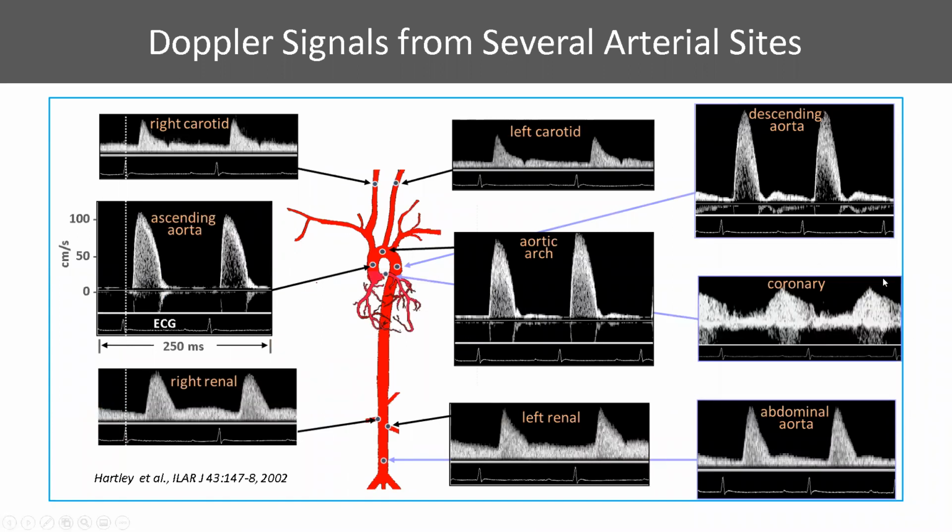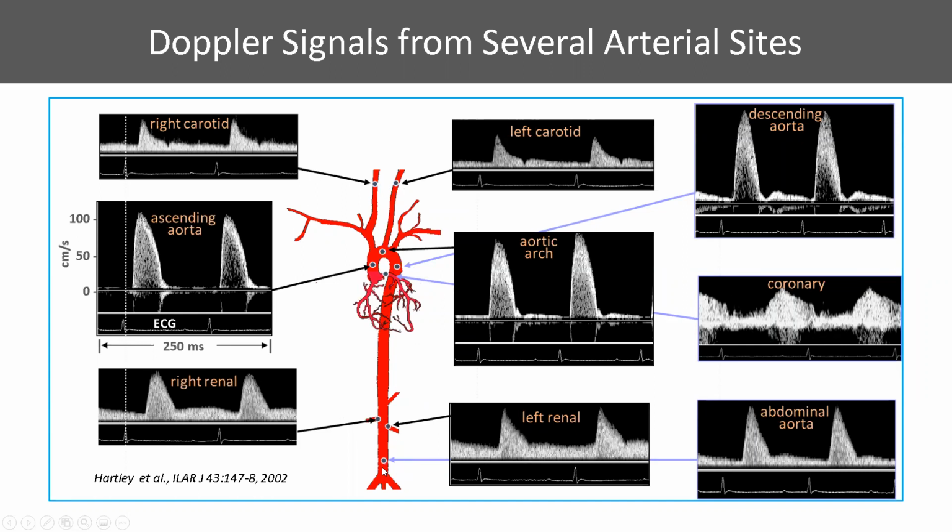We can get signals from several other arterial sites. We already talked about ascending aorta, but we can also get signals from aortic arch, from descending aorta, from coronaries, left and right carotid arteries. Renals may be a little bit difficult to get, but we can measure those as well.